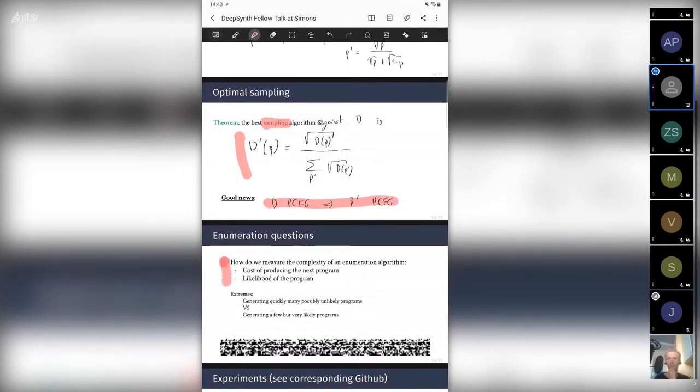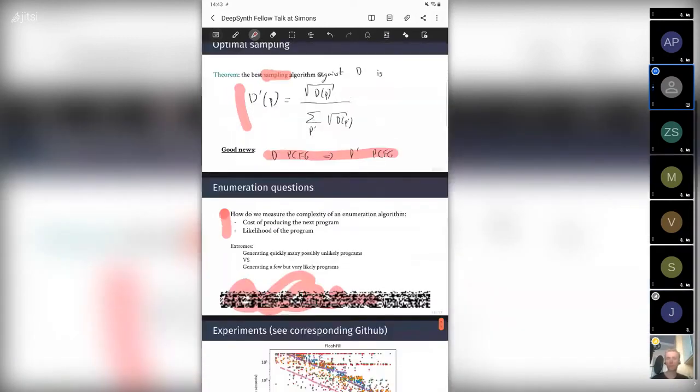The cost of producing the exact most likely program after the one you just tried may be very high. So you want to balance this with the likelihood of the program and have enumeration ideas that weave around and do not exactly follow that order, in order to be able to generate more programs.